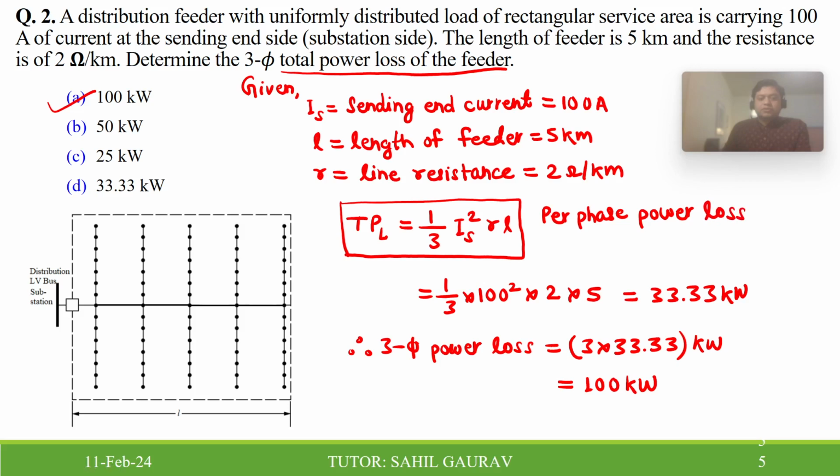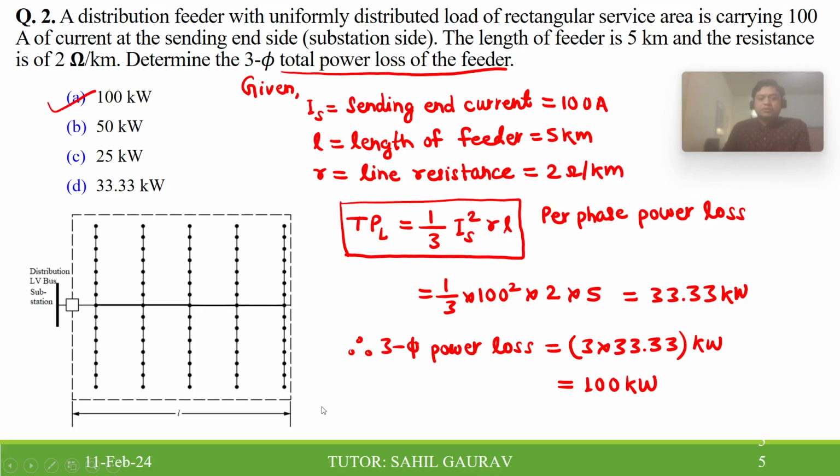In the computation of three phase power loss, what do we assume the effective length of the feeder to be if we concentrate the load at one point? Can anyone tell? Anyone can give an answer?